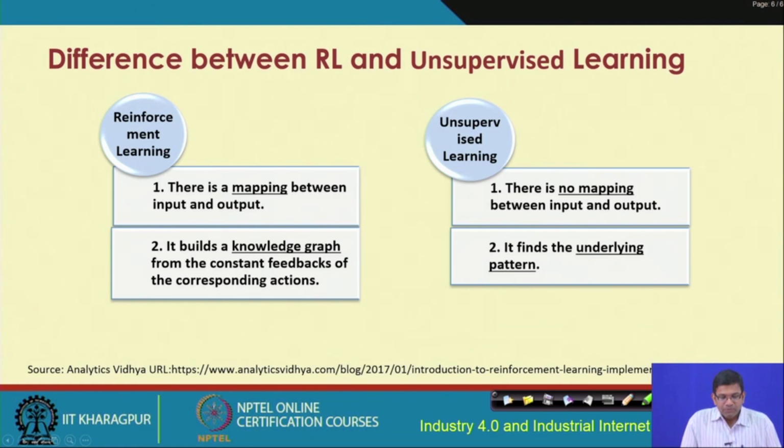Comparison between reinforcement learning and unsupervised learning. In reinforcement learning, there is a mapping between the input and the output, whereas in unsupervised learning there is no such mapping.